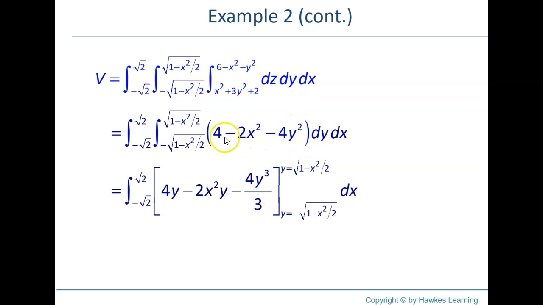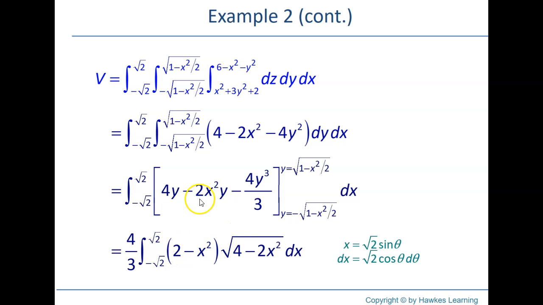Alright, now integrating this with respect to y. I get this stuff times both of these things, just get a y, and then this gets a y cubed over 3. So I'll plug in these radicals, and once again we're plugging in radicals in place of y. So it gets messy. You can simplify this when you plug all these things in. You end up with this integrand, and then because I'm integrating with respect to x, and this is underneath a radical following a minus sign, I would use square root of 2 sine theta, if you remember that from trig substitution.